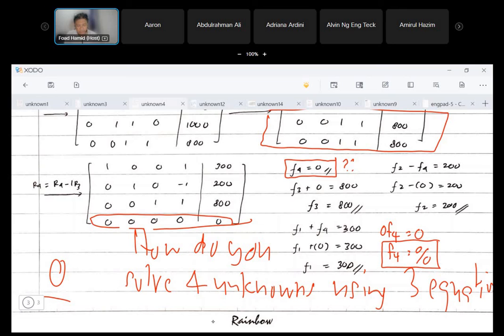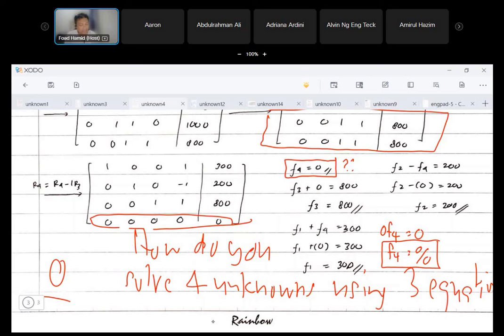Okay, let me use my calculator here. What does it say? Oh, very bright. It says undefined. So we do not know what's the value here. It's undefined. So basically, we do not know F4.